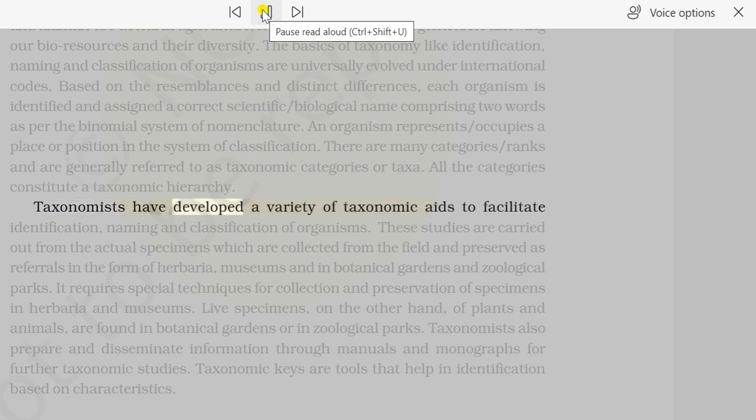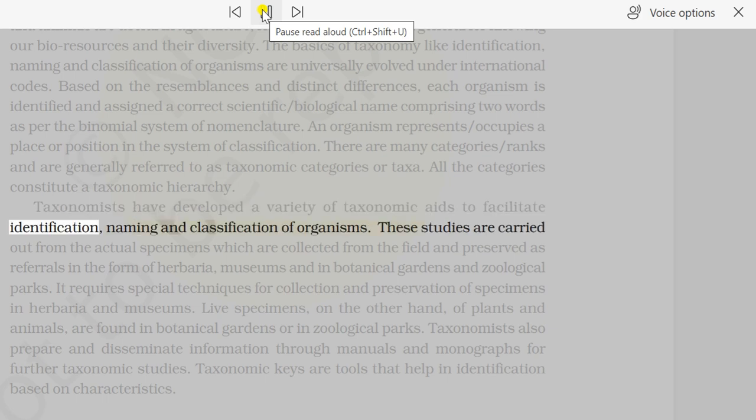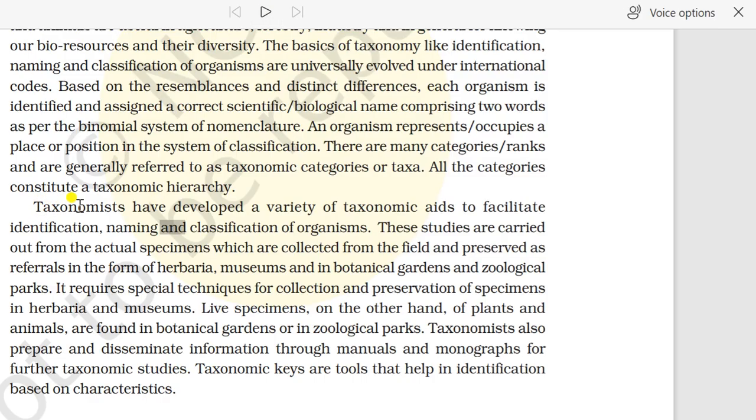So taxonomists have developed a variety of taxonomic aids to facilitate identification and naming. Just like we have panchayats who tell according to which rashi what name you should be given. For Singh Rashi, it should be Ma. I am Singh Rashi, that is why they named me Meghana.